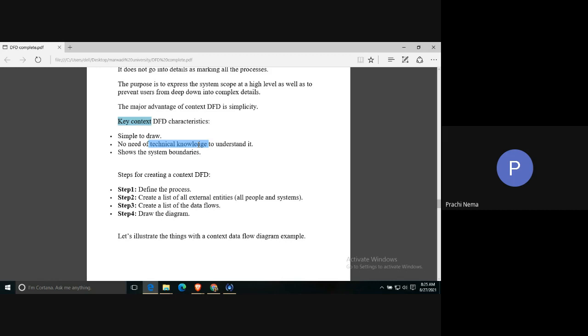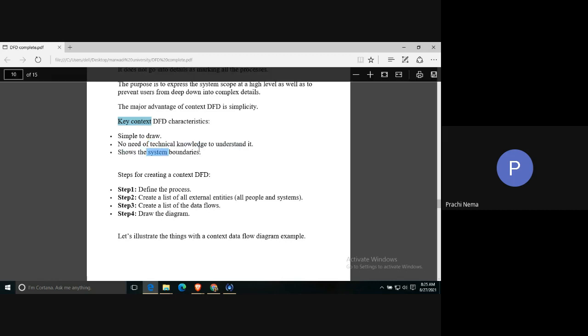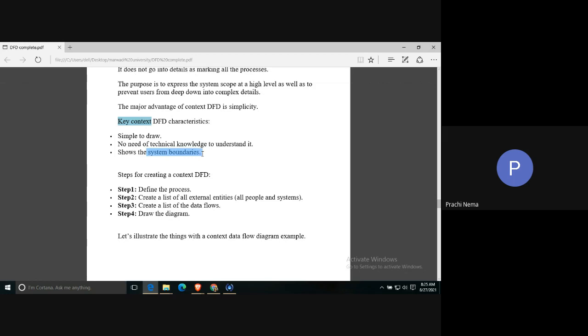And the third point says it shows the system boundary. How does it show system boundaries? Because there is going to be only one process for the ultimate output and the first input. Those are going to be the boundaries.